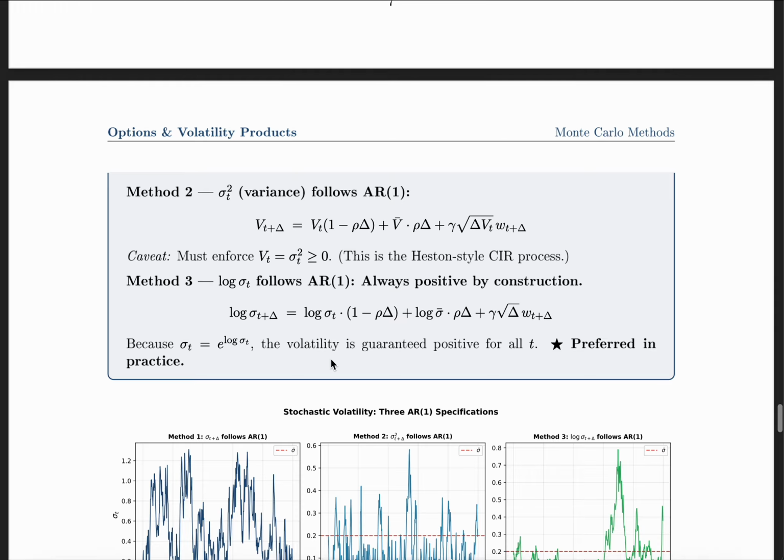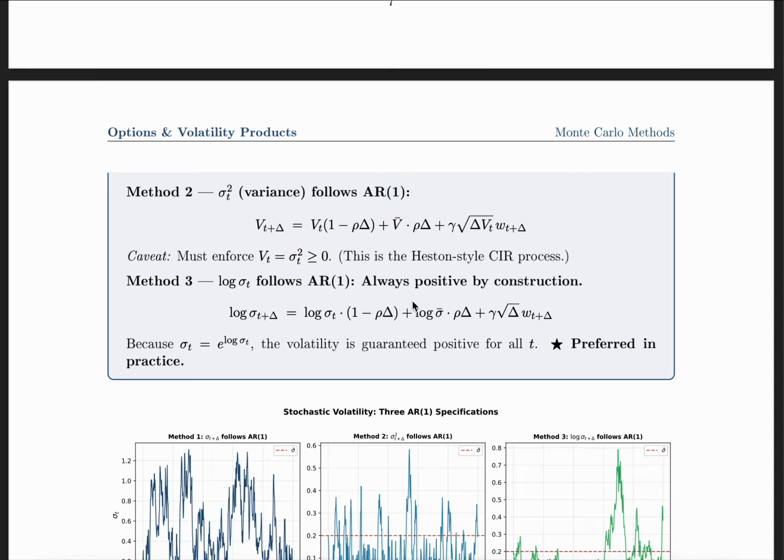So you might be wondering, why do we use log of sigma? I'll give you a second to think about this. This actually turns out to be a very brilliant way that we can enforce a sigma that is always positive, right? How do we do that? Well, think about it. No matter if this term on the right is positive or negative, even if it goes below 0, let's think about raising e to the power of both sides. Raising e to the power of log sigma just gives us sigma on the left.